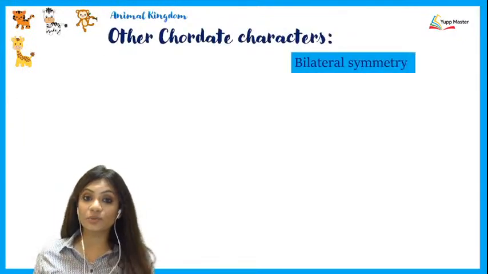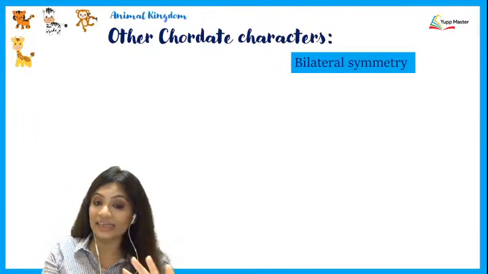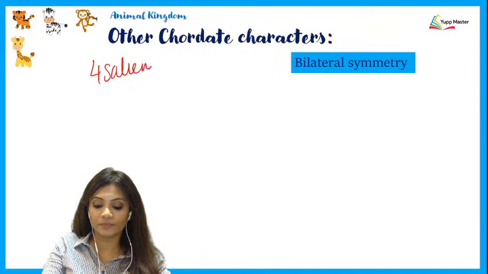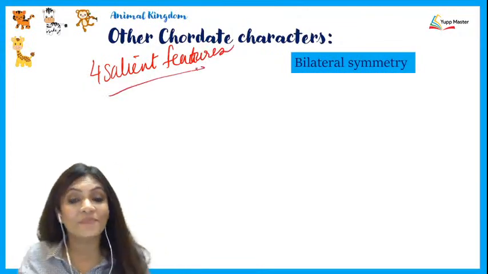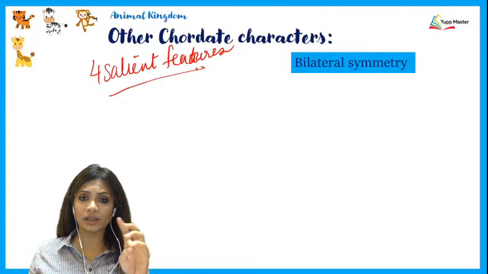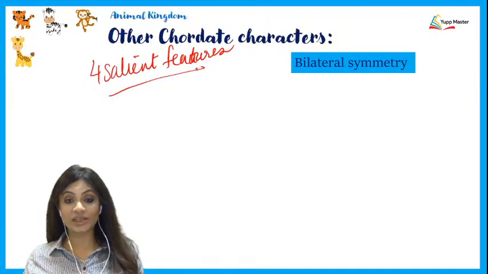Other characteristics are present only in chordates, the first 4 salient features we know. Which were those? The notochord, the nerve cord, the pharyngeal gill slits, and the postanal tail. But chordates have other characters as well.